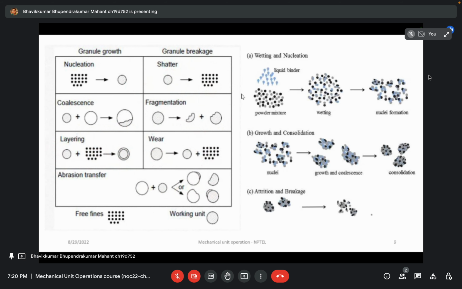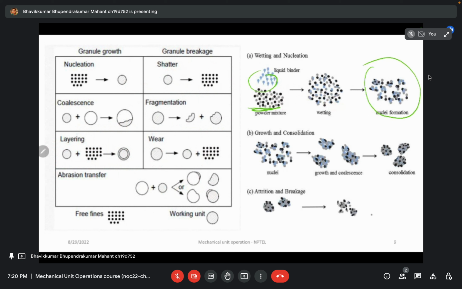Now if we go for the wetting and nucleation, or the whole overall process of agglomeration, here you can see that in wetting and nucleation, liquid binder is added into the fine powder mixture, and then the wetting process goes on, and at the end nucleation of the particle starts.